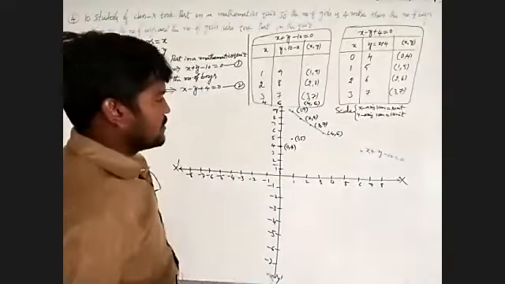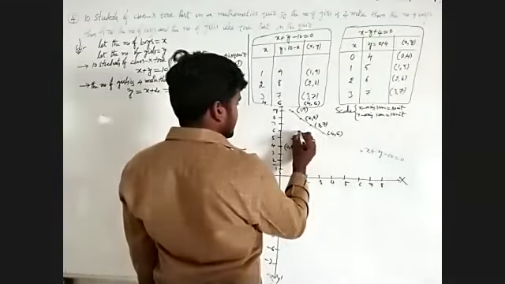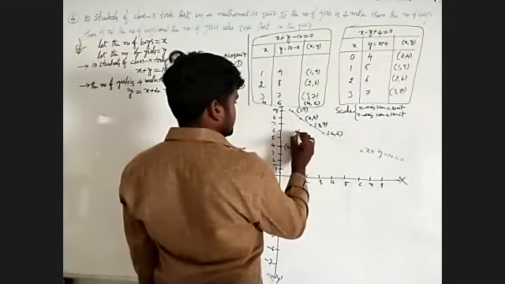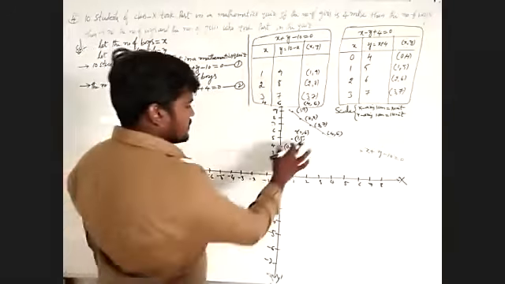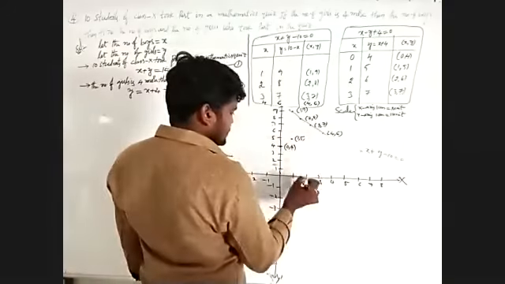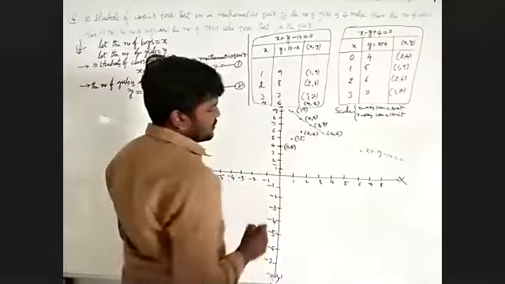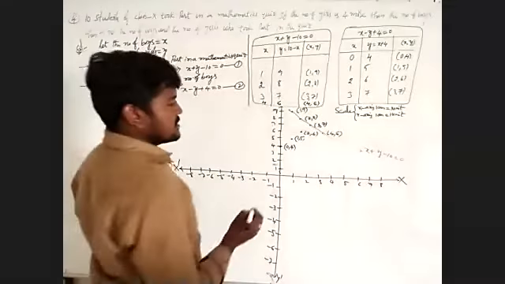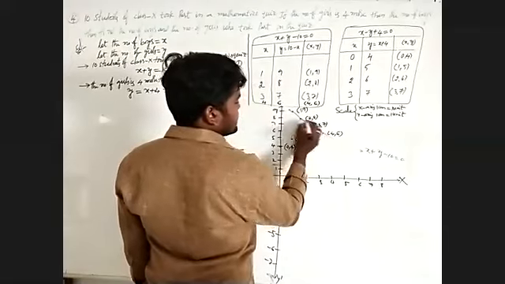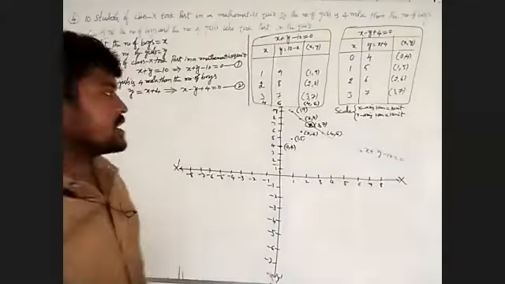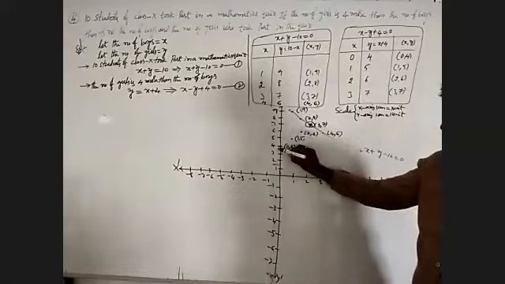Next one is 2, 6, name it as 2, 6. After that next one is 3, 7. 3, 7 is already plotted in the previous line. Here also that one is plotted. I have to draw a line joining them.